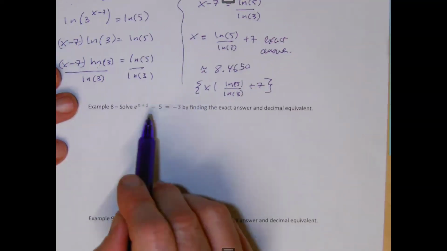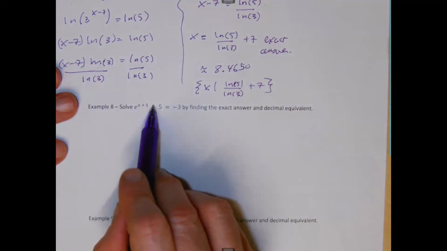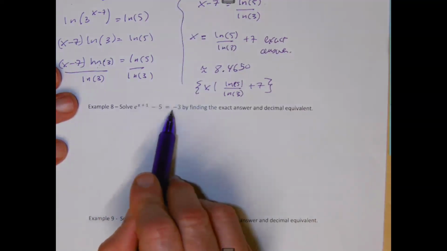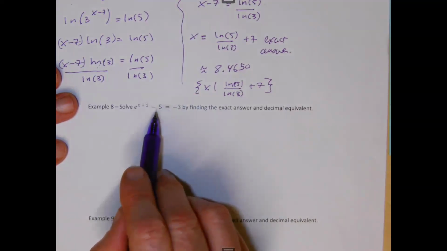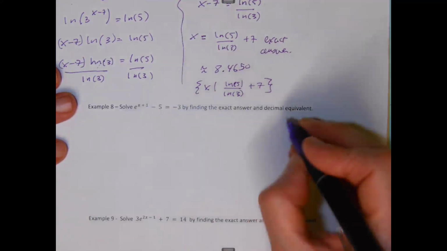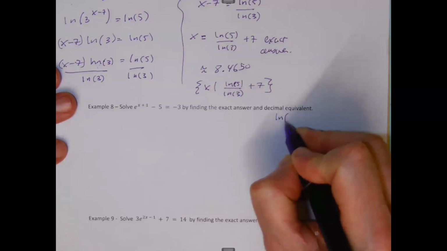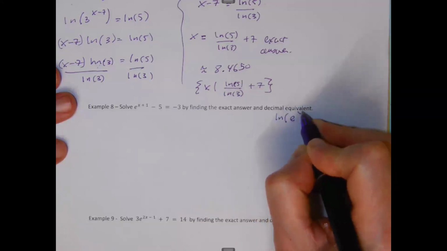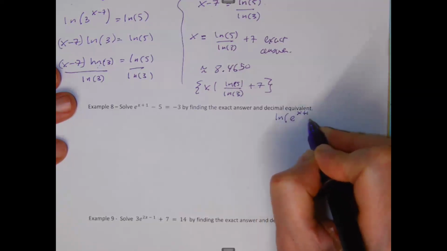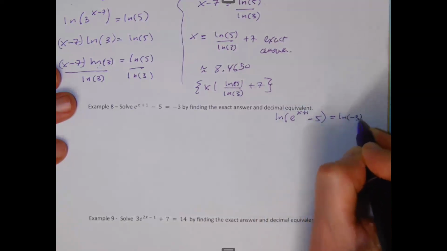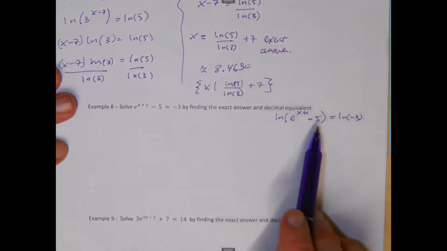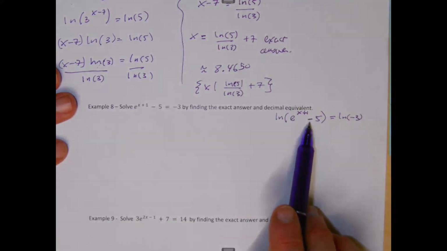But I cannot do so right here because I'm subtracting. If I decide to take the natural log of both sides as is, I do not have any rule that says how to deal with this. In other words, I cannot break this up.